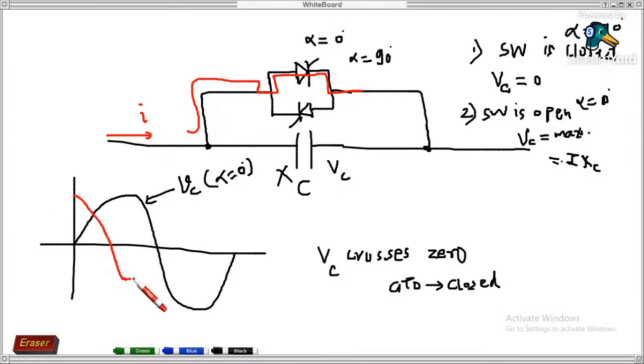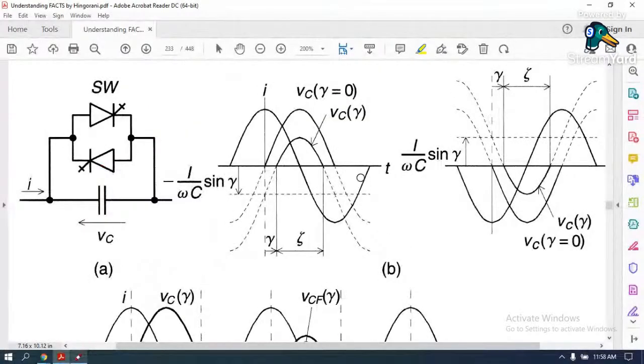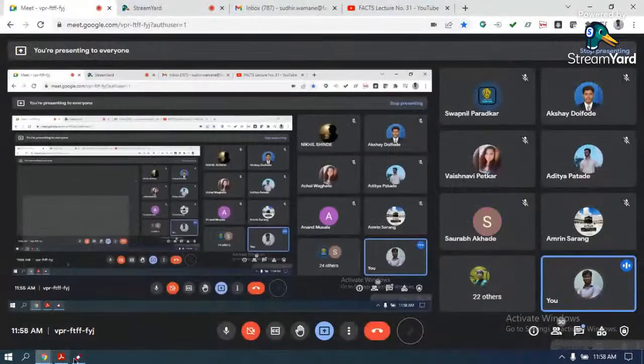So now, this is what the current is. See, this is the voltage across the capacitor when alpha equals 0, and in that case the current leads by exactly 90 degree. Now what if the firing angle is exactly 90 degree?